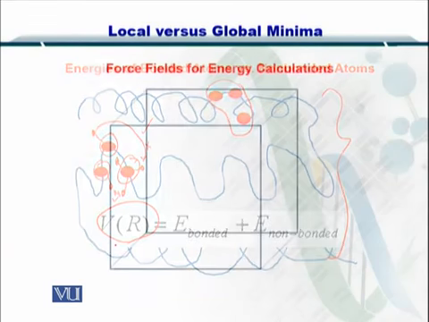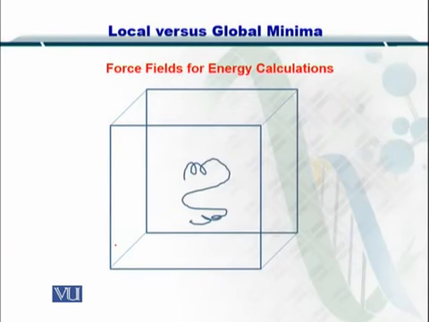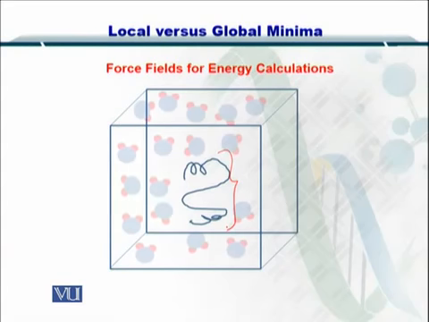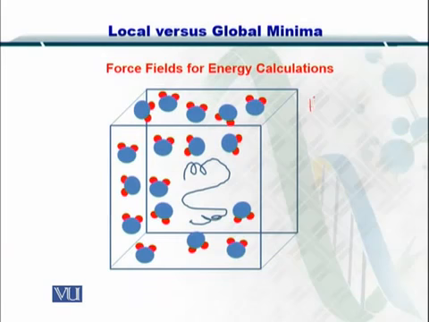So this is done by using force fields, and here is your structure that you have placed inside the force field, and the structure is surrounded by water molecules, and you're just counting how many bonds are made. The overall energy again is computed using the same relationship.